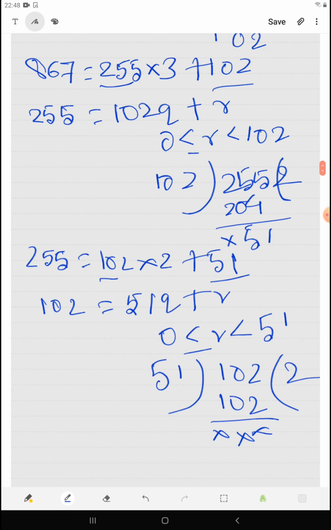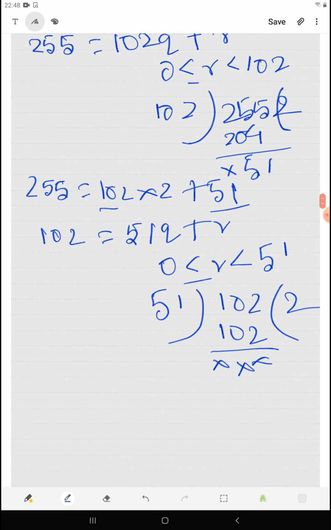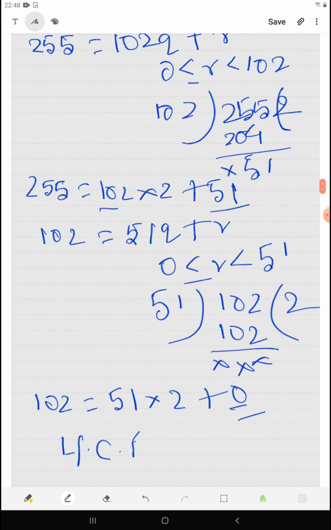So we got purely divided. Here remainder is 0. So 102 can be written as 51 into 2 plus 0. So as you can see, remainder is 0. So HCF will be the divisor, 51. So this is the answer.